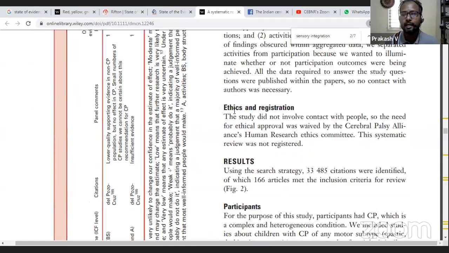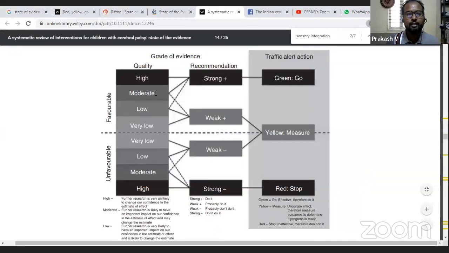You can see the grades of evidence here from high to very low. Any evidence based upon high quality and moderate quality evidence, they recommend it as green, and any evidence that is low and very low, they have put as weak, that is yellow.